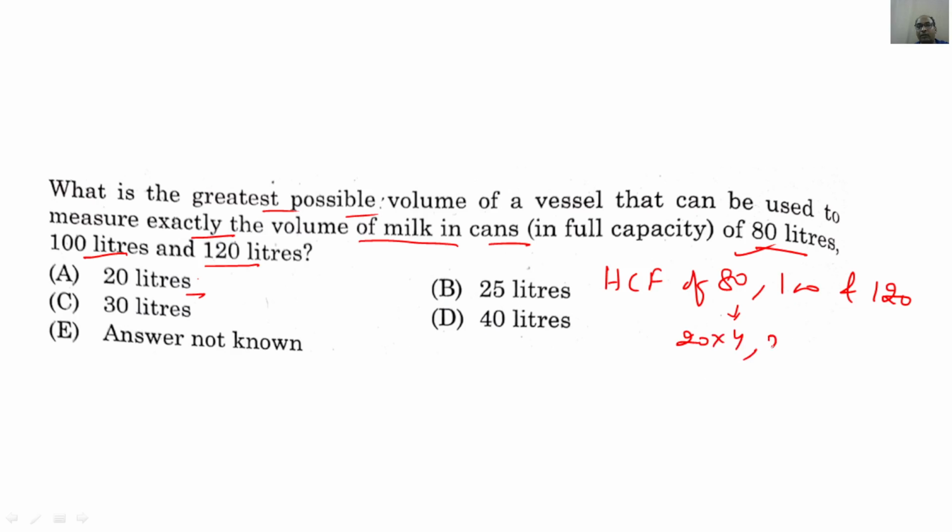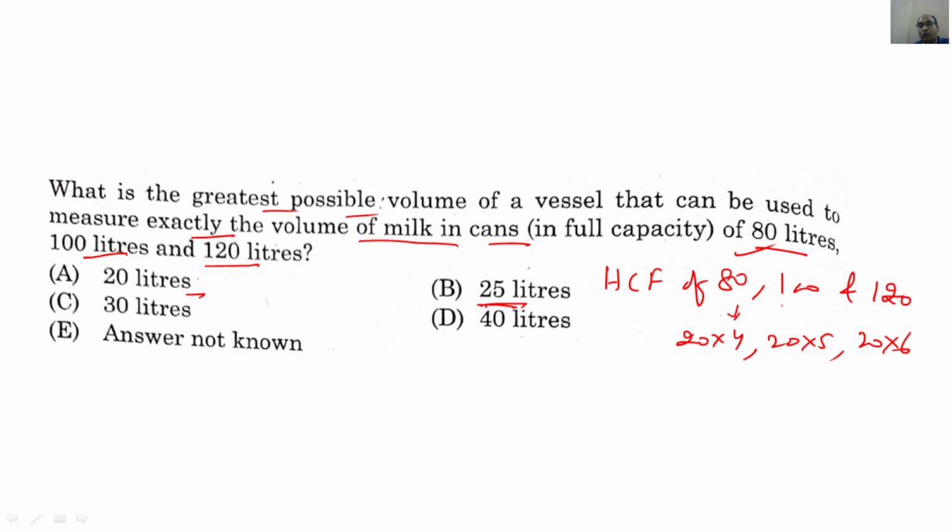Now 100, 20 into 5 means 5 times. Then 20 into 6. It is one of the options. Now I know this is the answer, because later on when we go for 25, for 25, 80 liters cannot be measured. 25 into 3, 75. Then it is 100. So 80 liter cannot be measured.